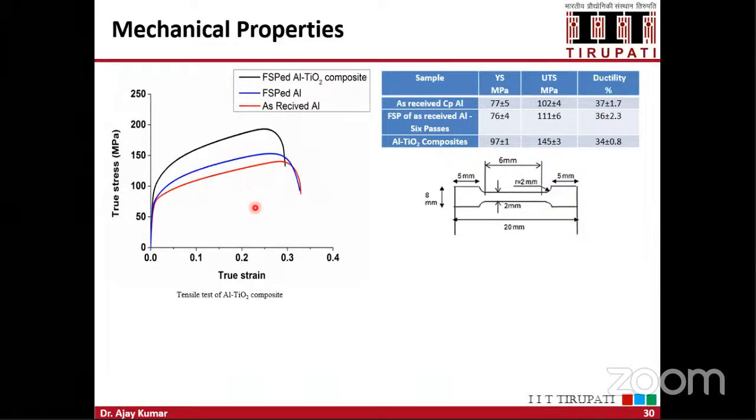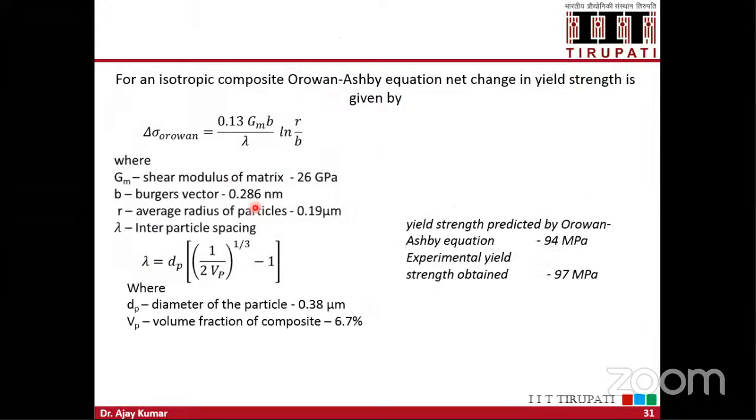So these are very real examples of developing metal matrix nanocomposite materials using the FSP process, and we have compared the experimental results with the theoretical models, and we have seen that it is comparable.